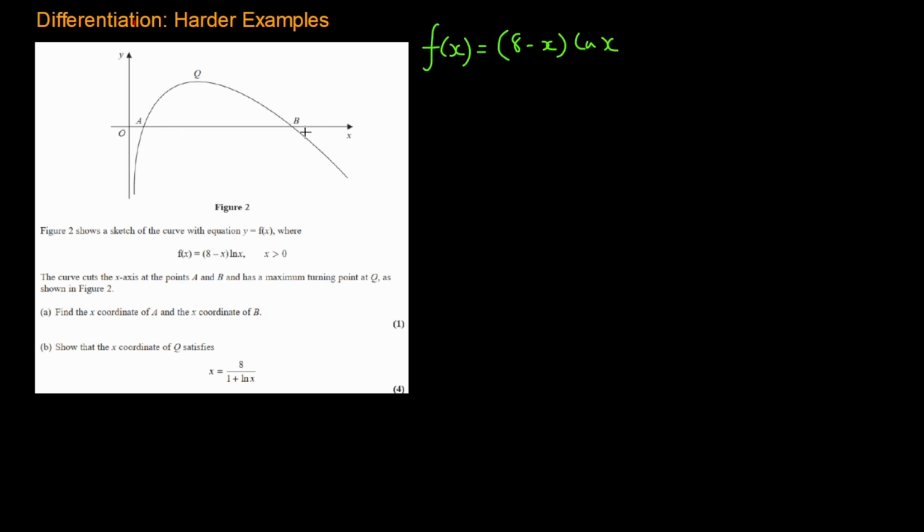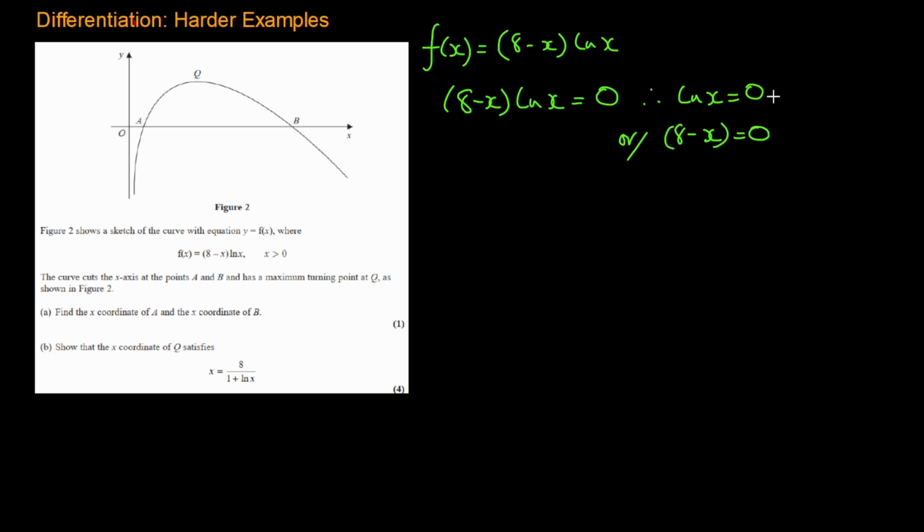Now, to find the points A and B, we need to set this to 0. So we get (8 - x) ln x = 0. For this to be true, either ln x = 0 or 8 - x = 0.